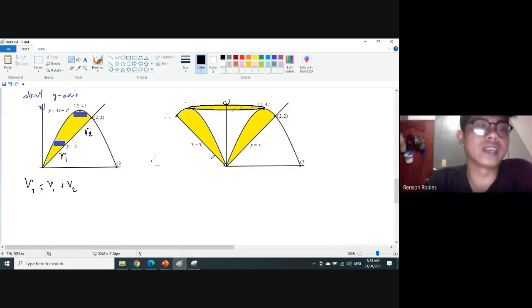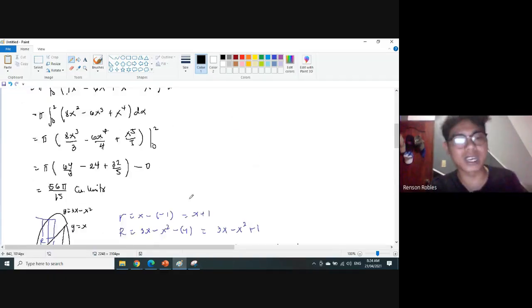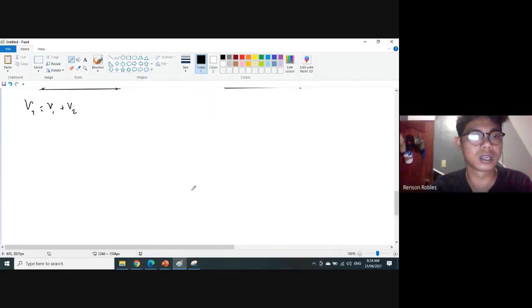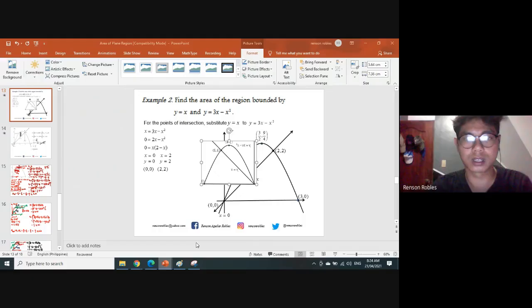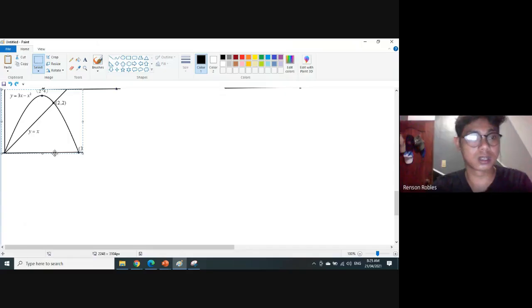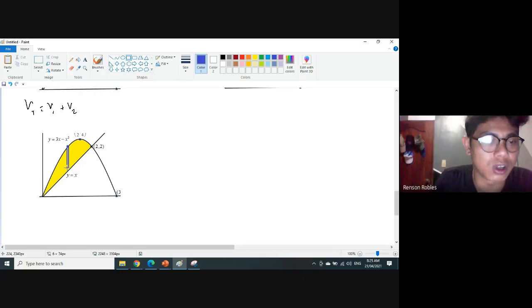However, again, this problem, the area of this region can easily be solved if we use element vertical, which means, if we take that into consideration, we shall be taking an element that is no longer perpendicular to the axis of revolution, but this time it's now parallel, right?